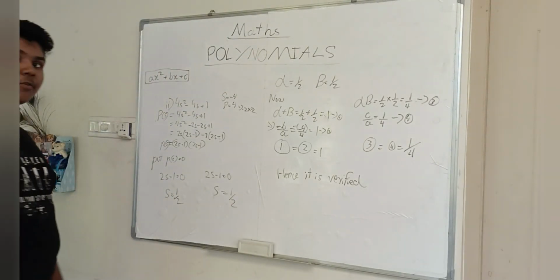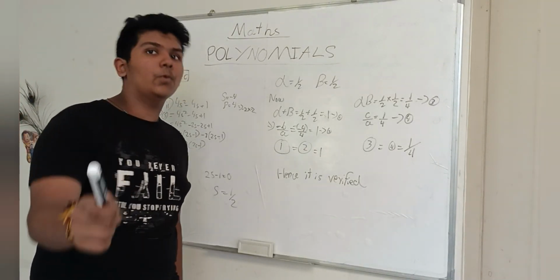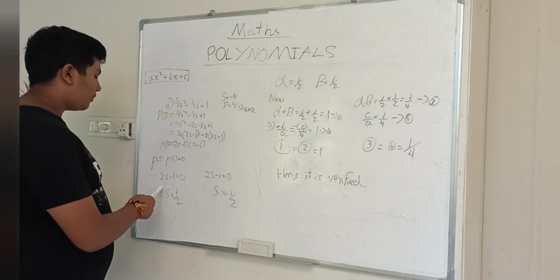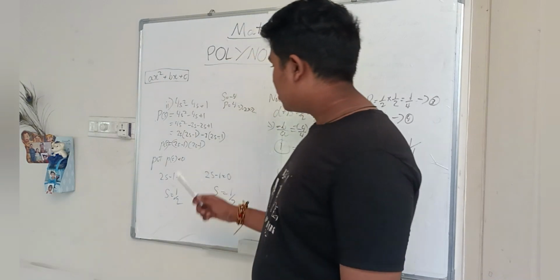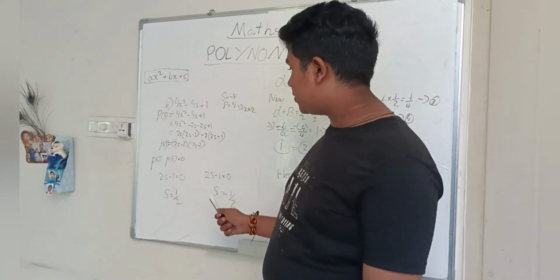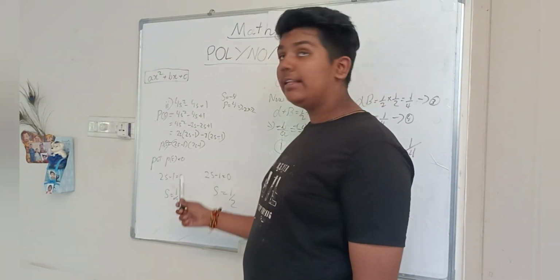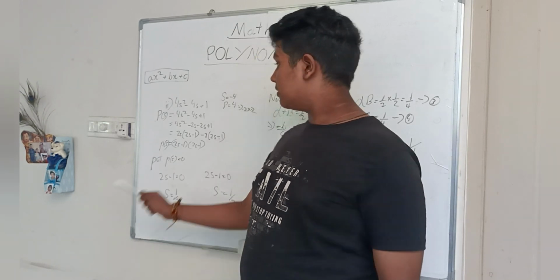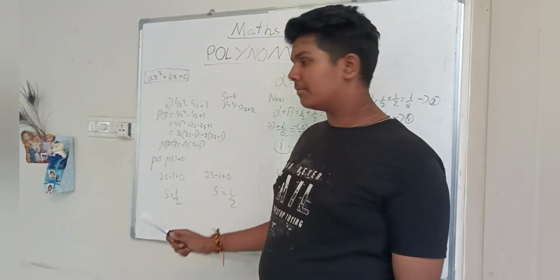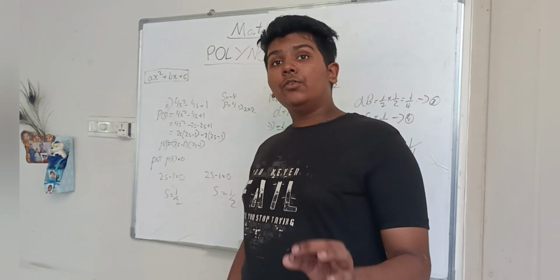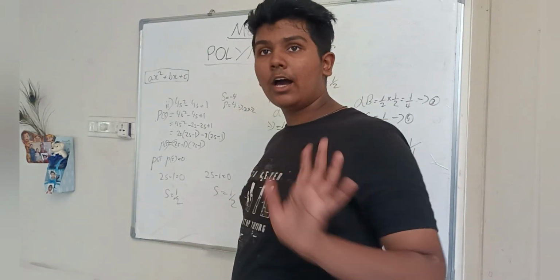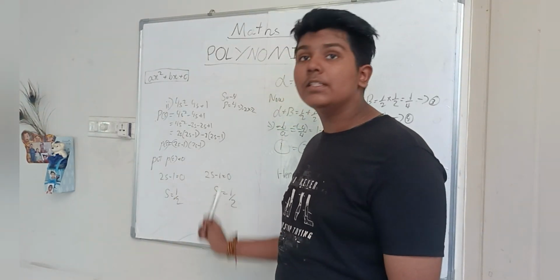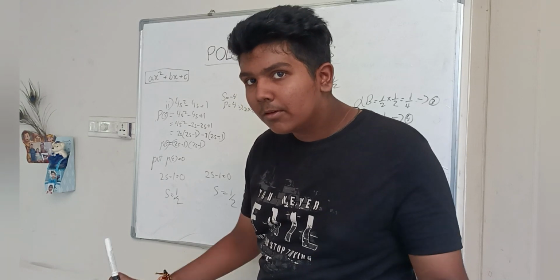Now, put P of s equal to 0. If we put that, 2s minus 1 is equal to 0. Since both of the zeros can have the same value, right? S is equal to half. Here also half. How? Minus 1 goes to the other side and will be plus 1, right?